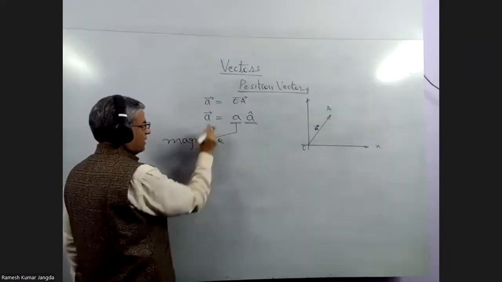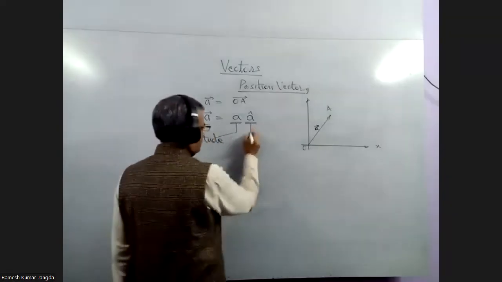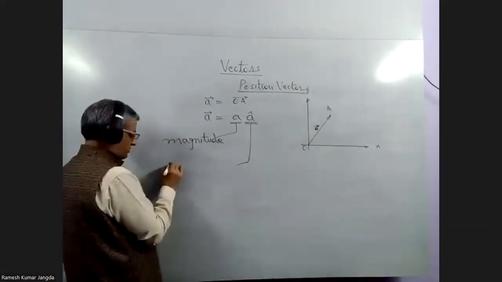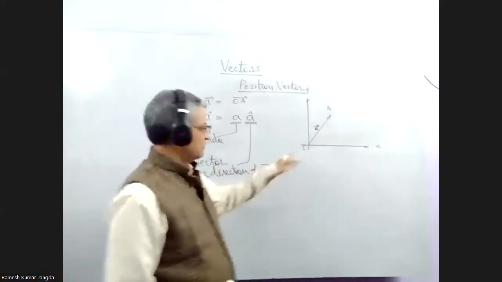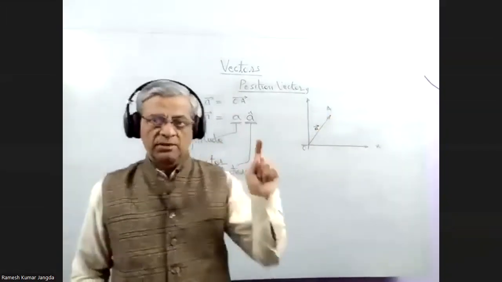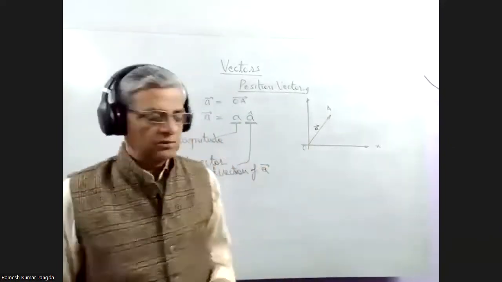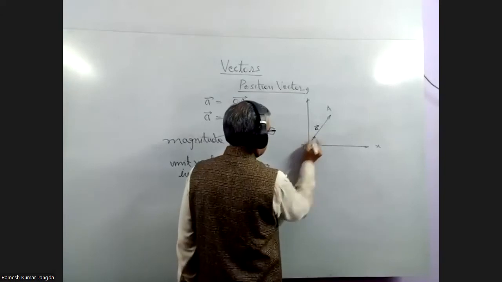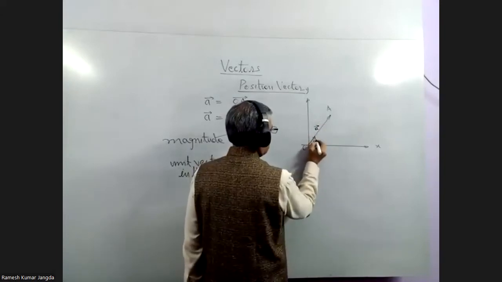This A is the magnitude of this vector A, and this A cap represents the direction, the unit vector. So this length of vector OA represents the magnitude, and this vector in this direction represents a unit vector.